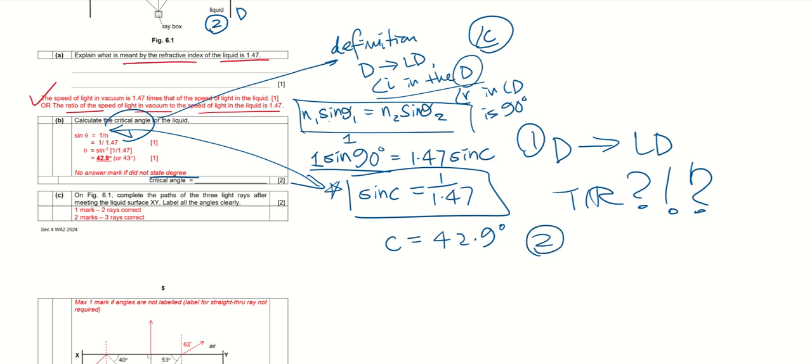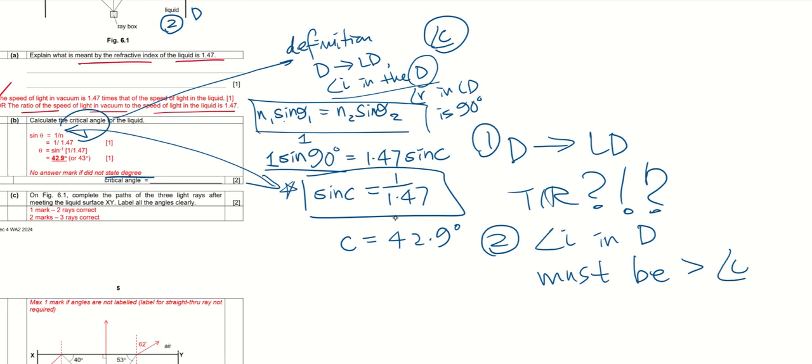To confirm that, your angle of incidence in the denser medium must be greater than the critical angle of the denser medium. Now, this critical angle is actually a property of the liquid. So we have calculated that for this liquid, with a refractive index of 1.47, its critical angle is 42.9. However, the angle of incidence in the liquid can vary, right?